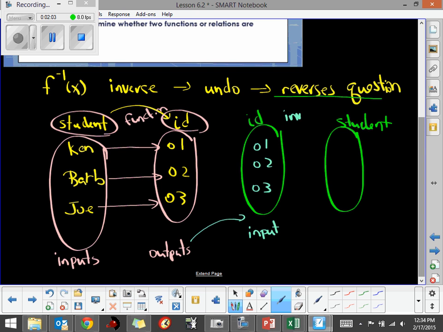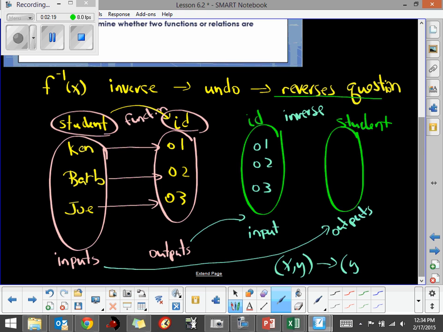So this is going to be our inverse function idea. And our old inputs now become our new outputs. So in reverse of this question, basically every x, y ordered pair that's an input-output becomes a y, x ordered pair. This is your original function, and this is your inverse of that function.